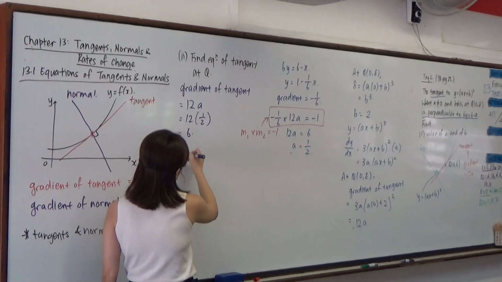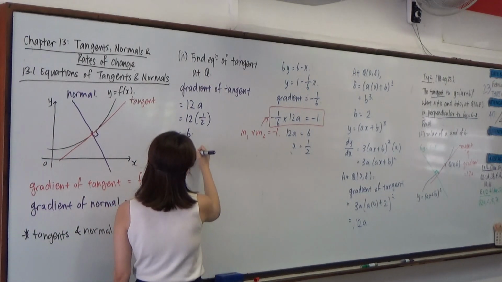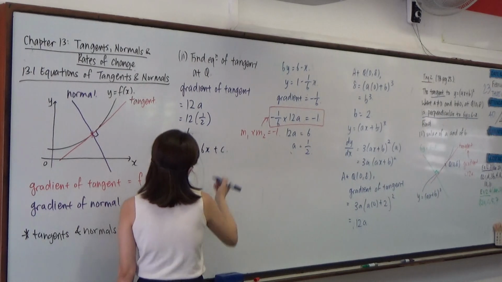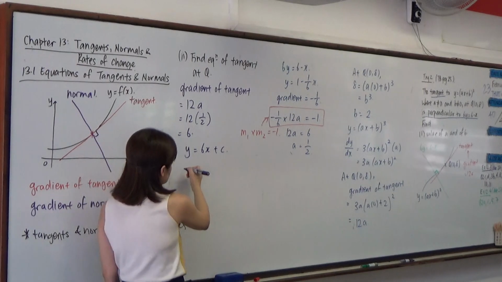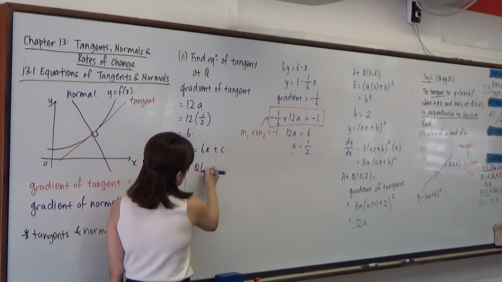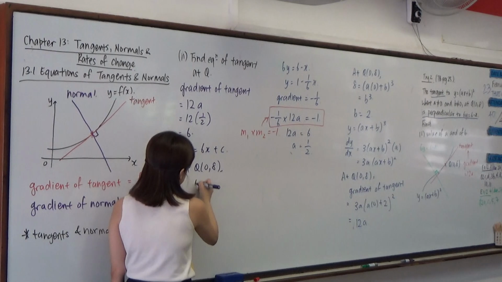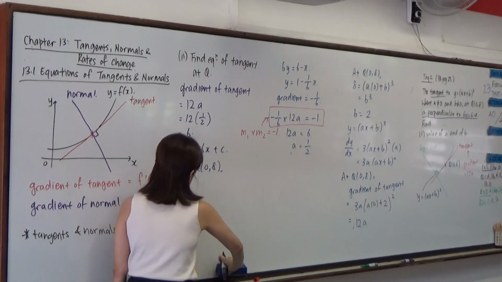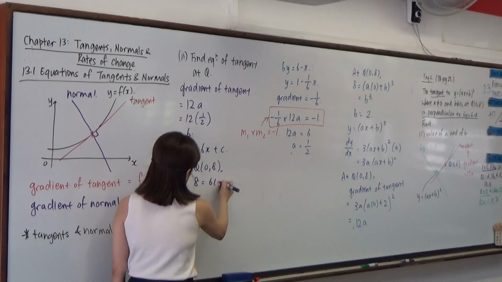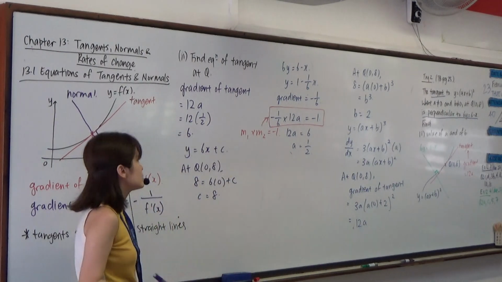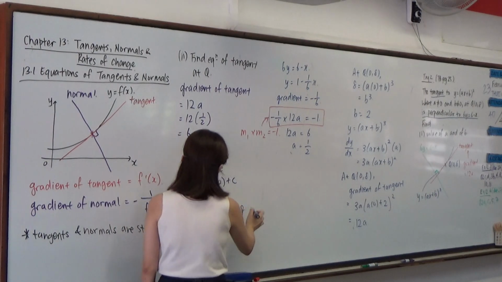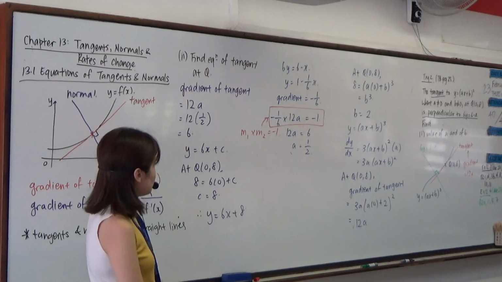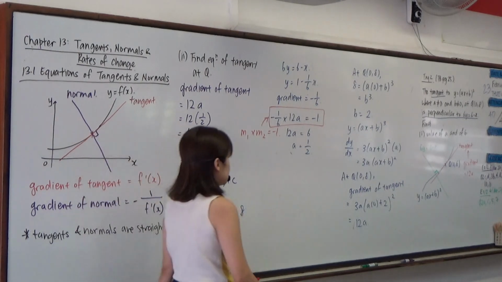And therefore, the equation of the tangent is y equals 6x plus c. Since it is on the point (0, 8), c equals 8. So the equation will be y equals 6x plus 8.